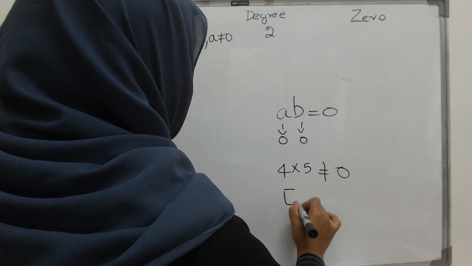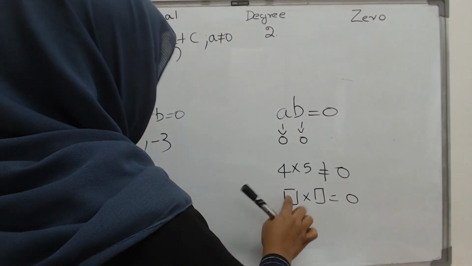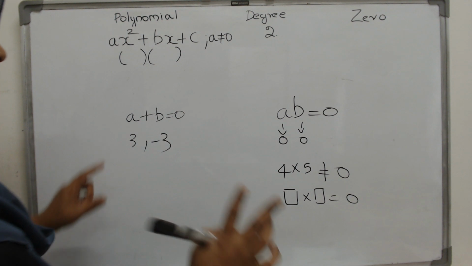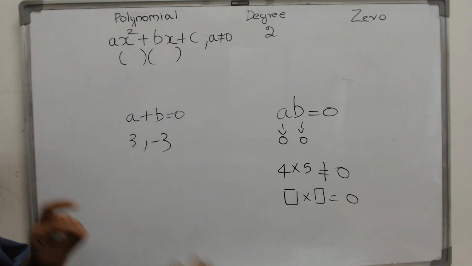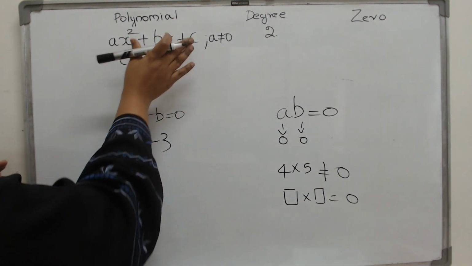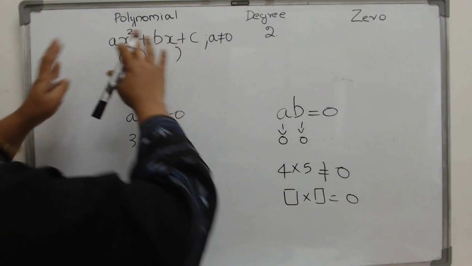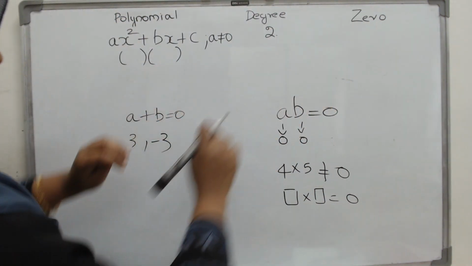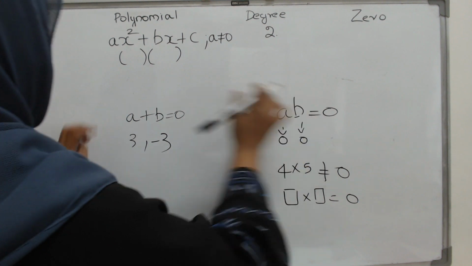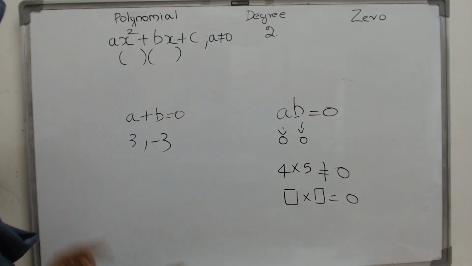So if you are multiplying two numbers, that means either this is 0 or this is 0. So you are talking about only two possibilities. That is why when it comes to equating something to 0, we are finding the 0, right? When you have to equate something to 0, it is always better to take it in the factor form, so that you have only two possibilities.